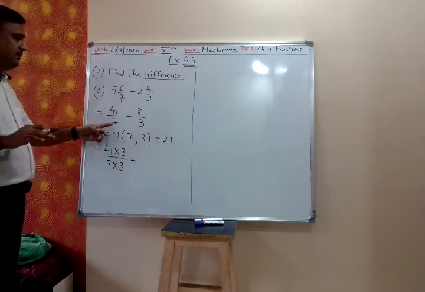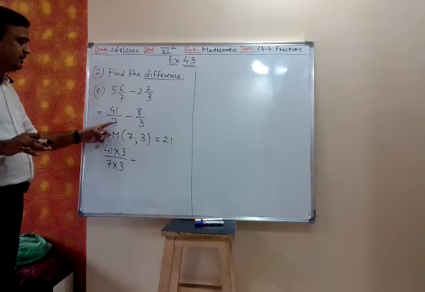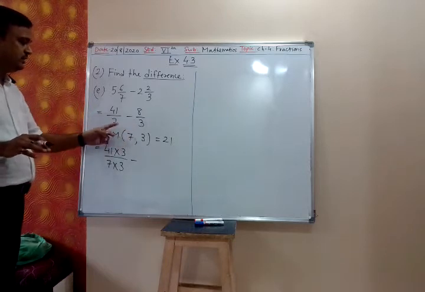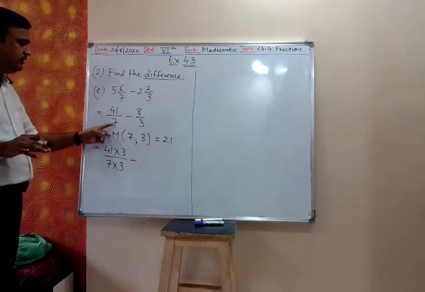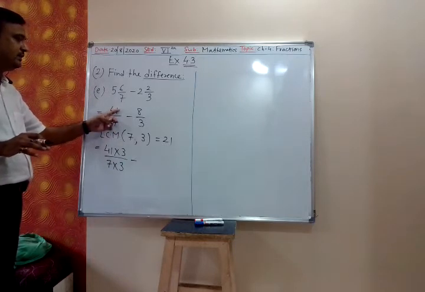No, we are not multiplying by 21. We are making the denominator 21, because the LCM of denominators 7 and 3 is 21. So this 7, we want 21, so I have to multiply 7 by 3 in the denominator, so the numerator also we multiply by 3.